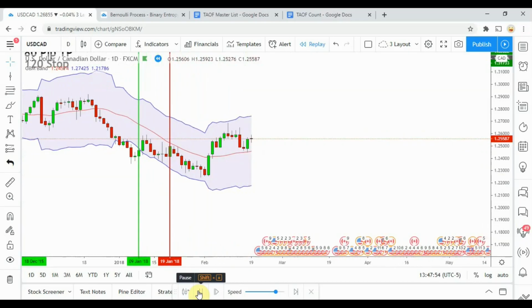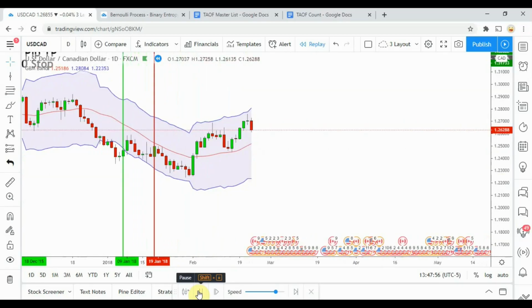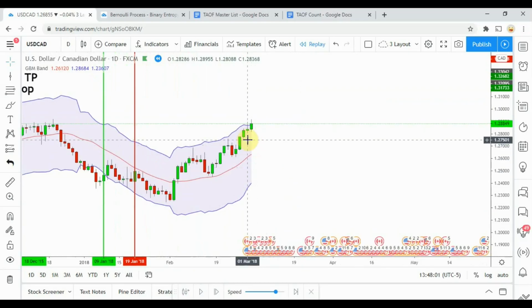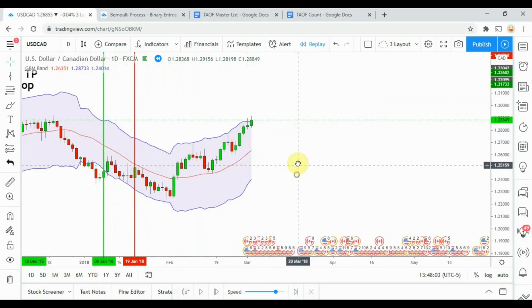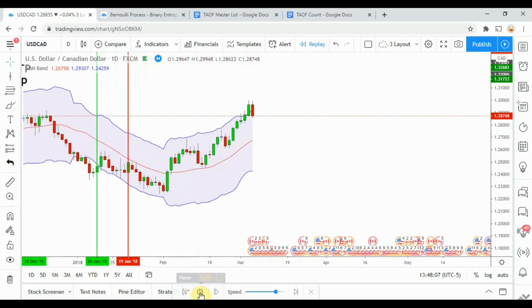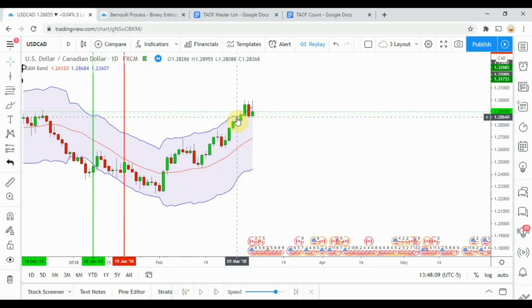We get close, but it doesn't quite touch there. Looking up on the upside, right here we have officially spiked a wick through the upper band. We're now waiting for the first candle to close below, and it would have been this big red candle.